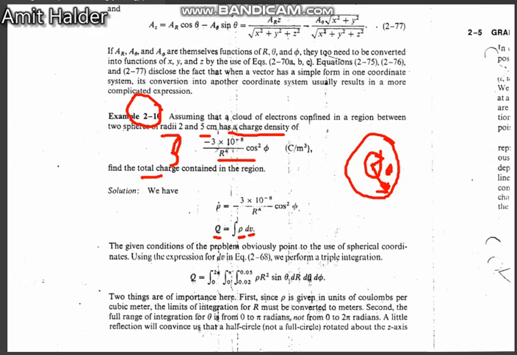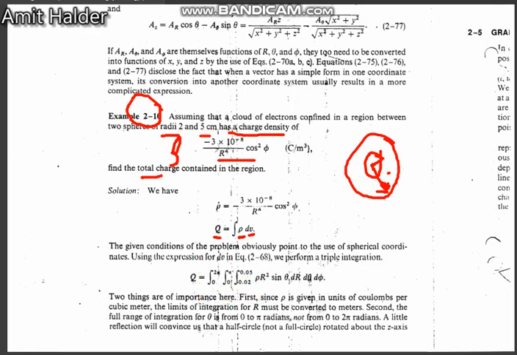There are three parts to this integration: 0 to 2 pi, that is phi; 0 to pi, that is theta; and 0.02 to 0.05, that is the radius r converted from centimeter to meter. Okay, so that is the point.